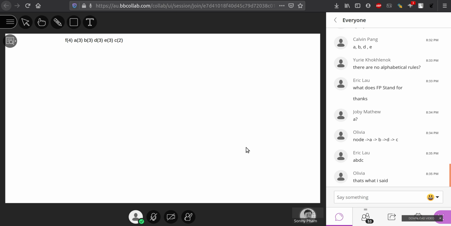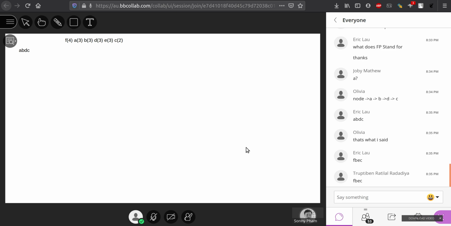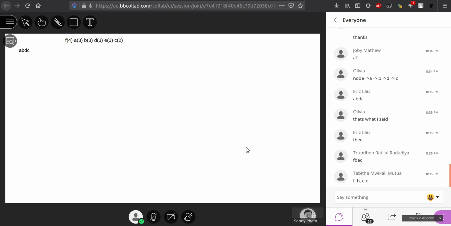So what about the second one? What should we write in the second one? I write here so that we can construct the tree. The second one is IDEF. What should we write now? Yeah, FBEC, probably that's a better way. Hang on.